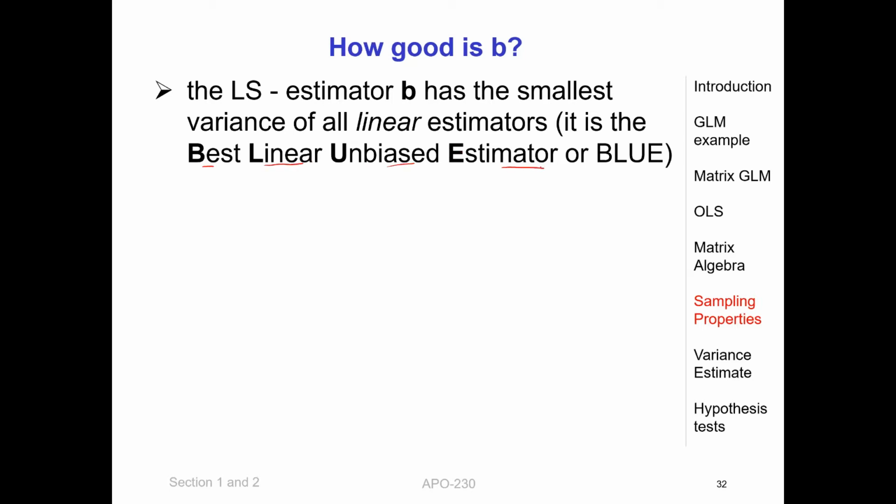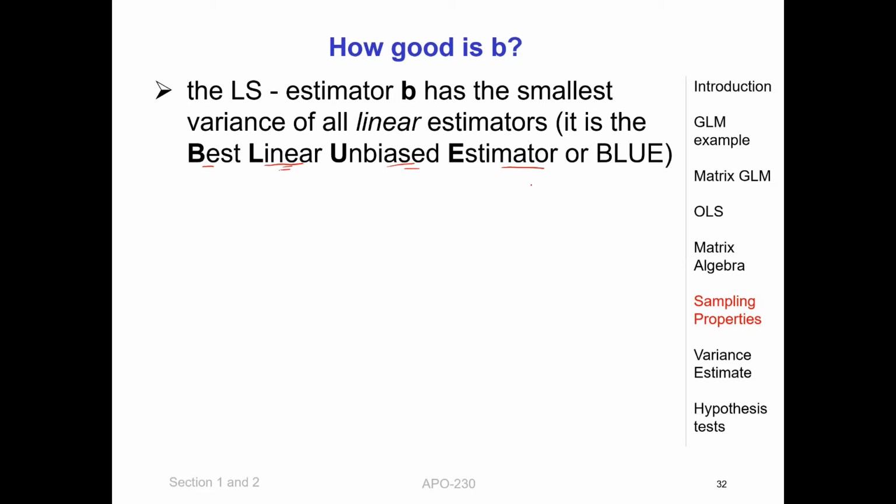Usually we use the abbreviation BLUE, easier to remember. Best linear unbiased: unbiased we showed before already, linear because our model is linear and B is actually a function of X and epsilon. Estimator, of course, we're talking about an estimator, so it's BLUE.